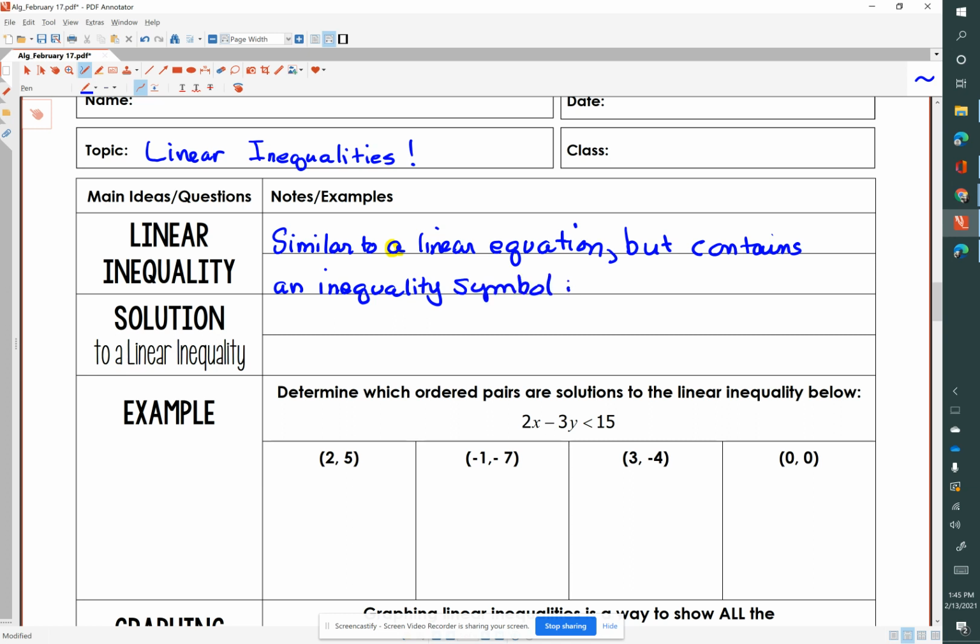And those are greater than, less than, greater than or equal to, less than or equal to. The solution to a linear inequality is all of the ordered pairs that make the inequality true. So remember, those ordered pairs are the points.